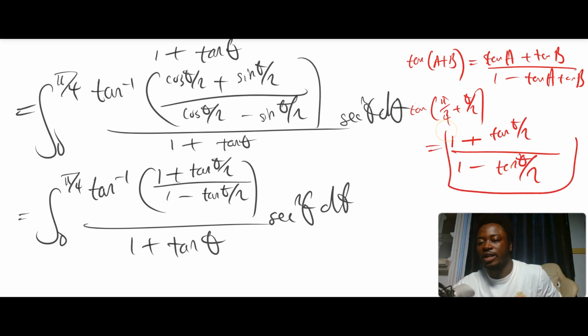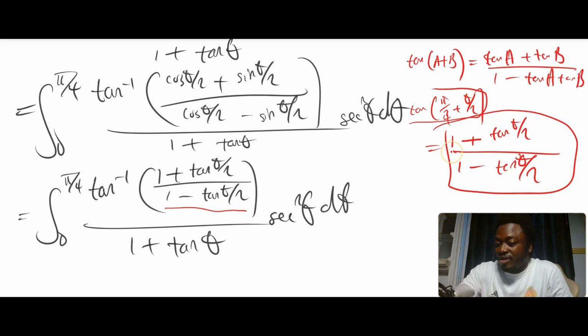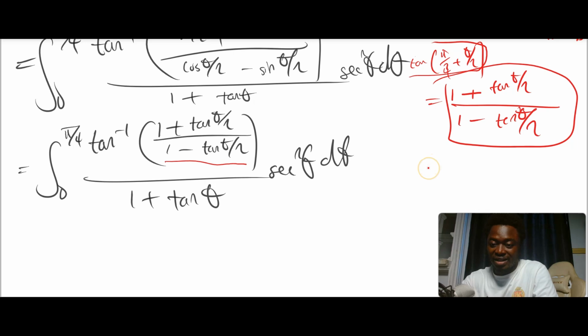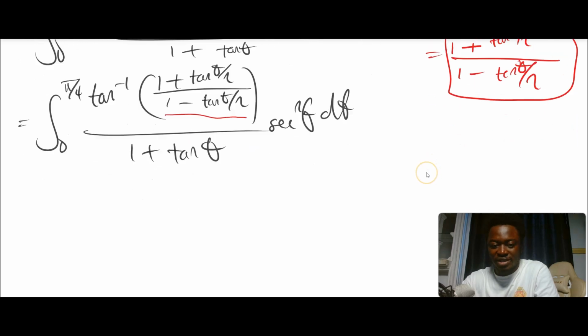So you see that this whole expression can be replaced by just tan of something. So you see, the trig identities keep haunting us, which is why I told you that this integral is going to convince you to love trig identities.